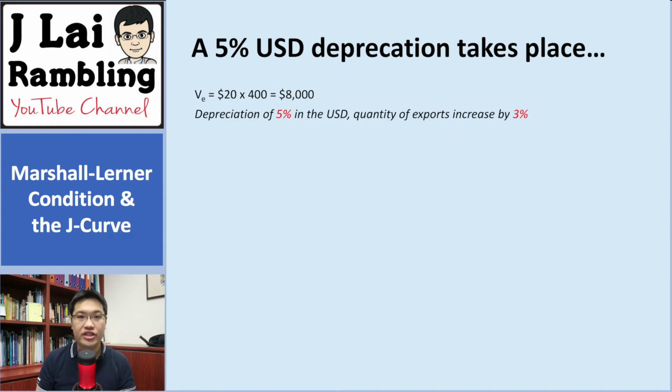There's a depreciation of 5% in the US dollar, this we already know, and the quantity of exports has increased by 3%. The PED is calculated by the percentage change in quantity demanded over the percentage change in price, and here we have 3% over negative 5%, which gives us negative 0.6, and because we always look at PED in terms of absolute values, we can treat it as 0.6.